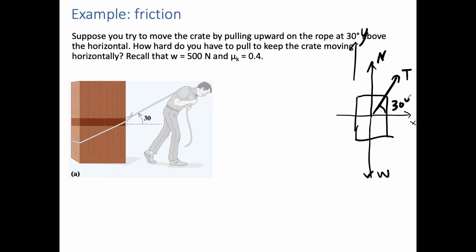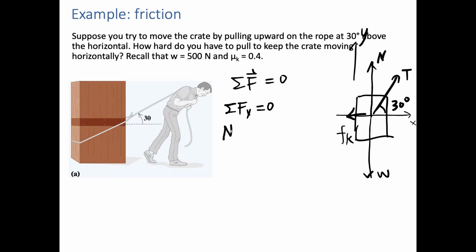This is 30 degrees, and then Fk. So we want it to move at a constant rate. So the net force should be 0, which gives us net force in y direction is 0. And let's check what kind of equation it can give us.